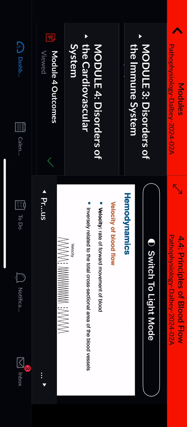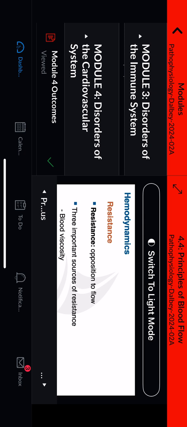This fits the function of capillaries perfectly because the sluggish movement and lower velocity allows for adequate time for the gases to be exchanged as well as the nutrients, wastes, etc., and allows time for those things to move between the bloodstream and the tissues.